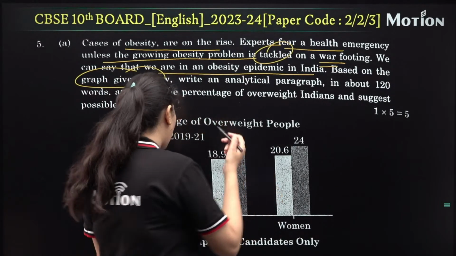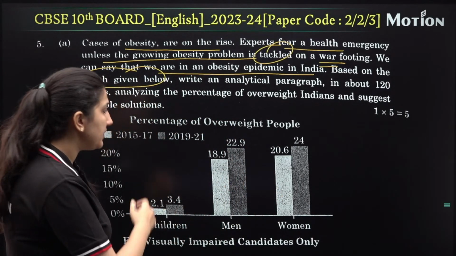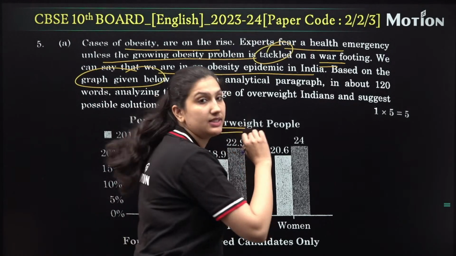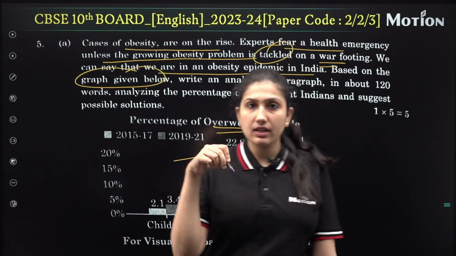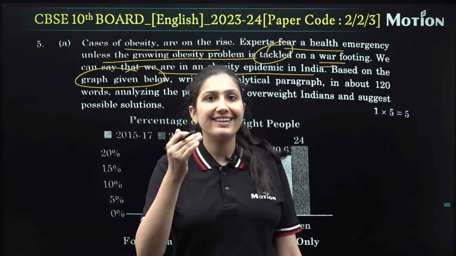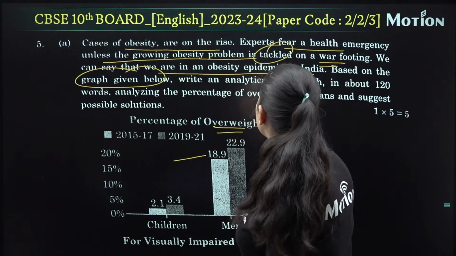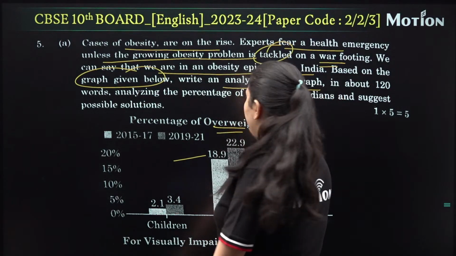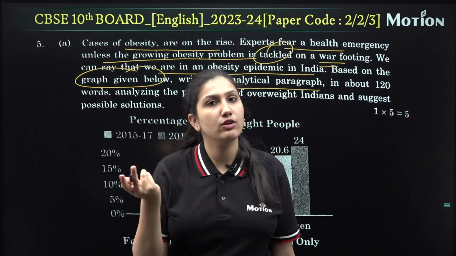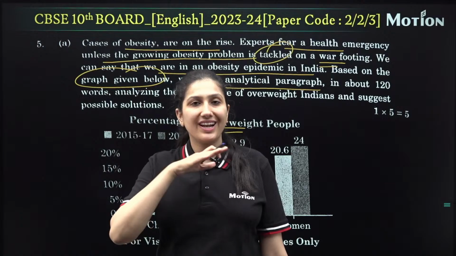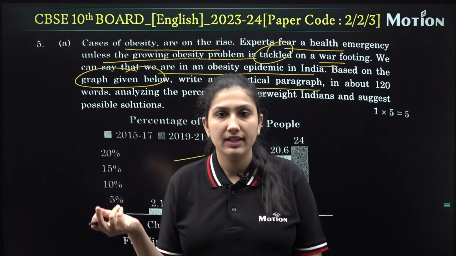You have been given a graph of children, men, women along with the percentile of overweight people. So after analyzing this, you have to write an analytical paragraph. This you have been told earlier also: you will be given a pie chart or graph, and you'll have to analyze it and write it down in a paragraph.